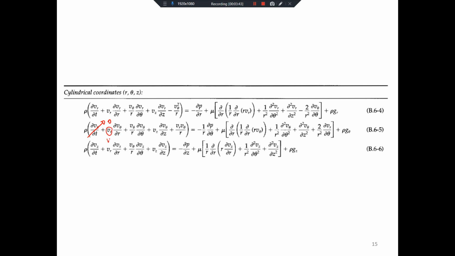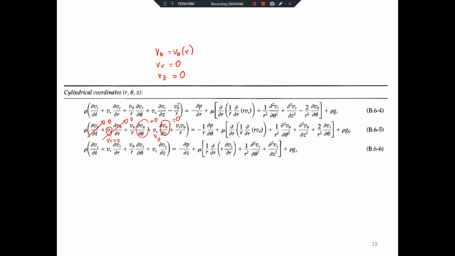Basically v_r is by assumption 0, so this disappears. My v theta is by assumption a function of r only. v_r is 0 and v_z is equal to 0 by assumption. Then this is 0, this is 0 as well as this.